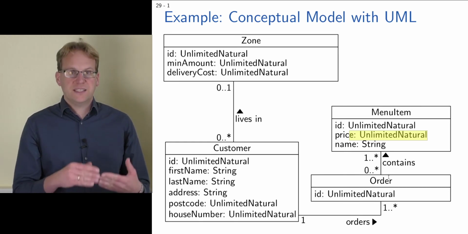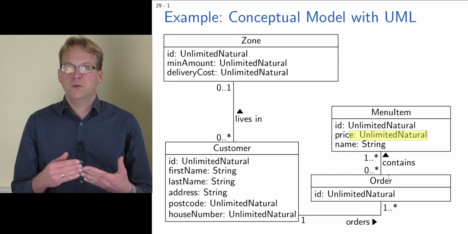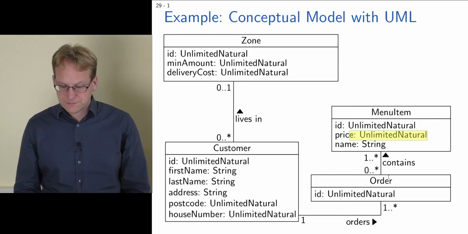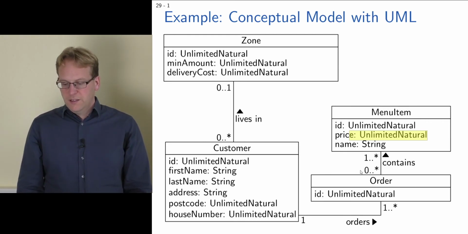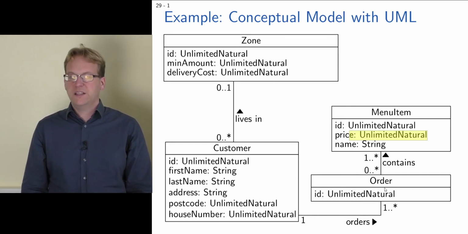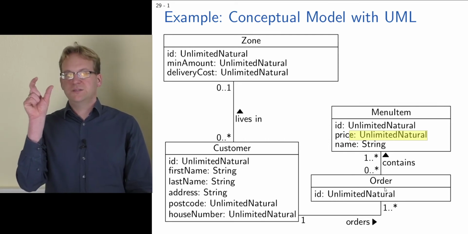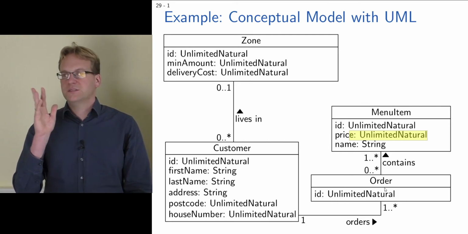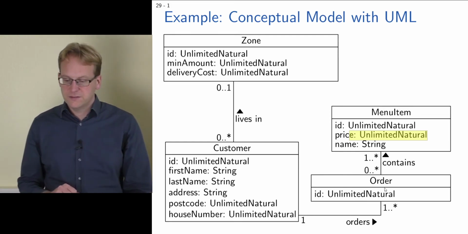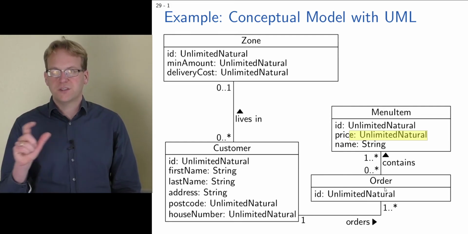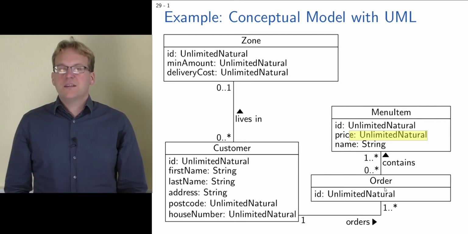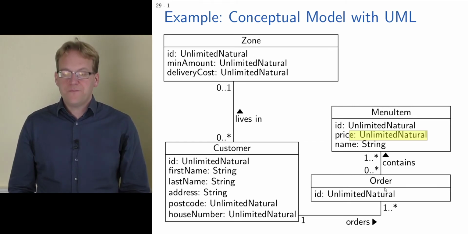And for each order we can also see what was ordered, which menu items were ordered. Here we simply say this order has some identifier, so every order has a unique ID, like 13472 or something like that. That is one order, so that we can distinguish the different orders from each other. So these are the four classes we model.